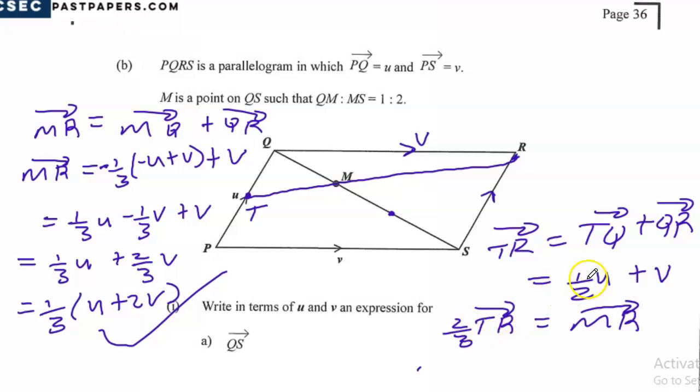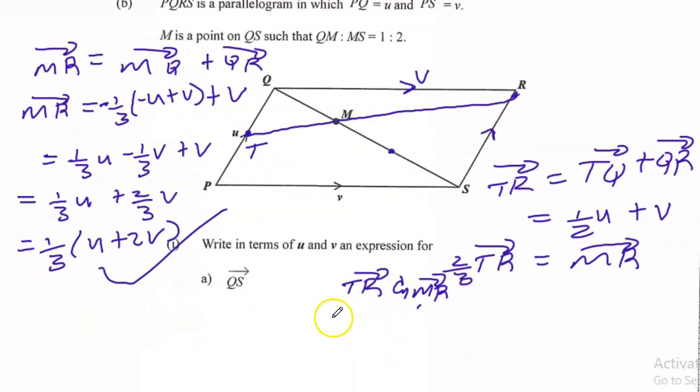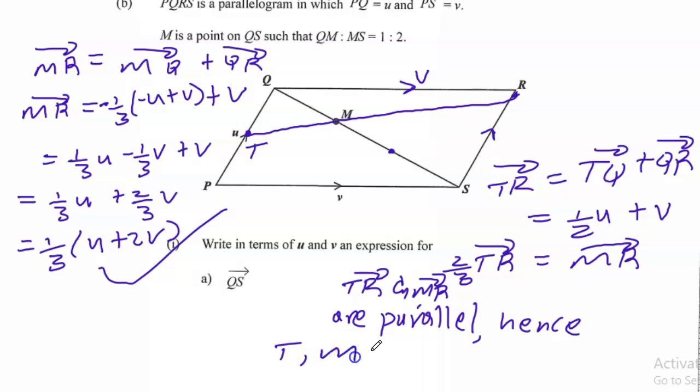So 2/3 times this vector, TR, will give you the same vector as MR, which means that TR and MR are parallel to each other. Hence, T, M, and R are collinear.